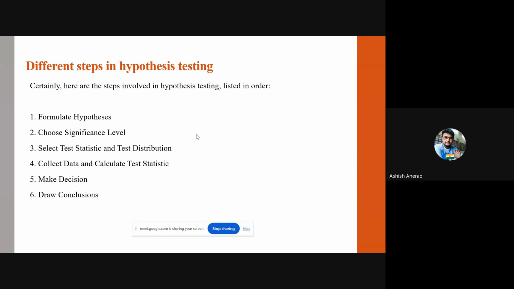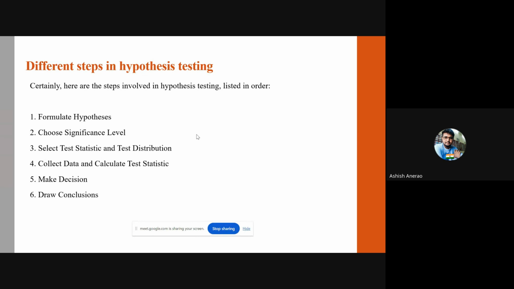Okay, so what is table value? Table value is nothing but a value that we get by using the level of significance, and there are some statistical tables present. If you search on the internet, there is a t-test statistical table or an F-test statistical table, you will find some tables. Or what else can we call it, better, some standard values.